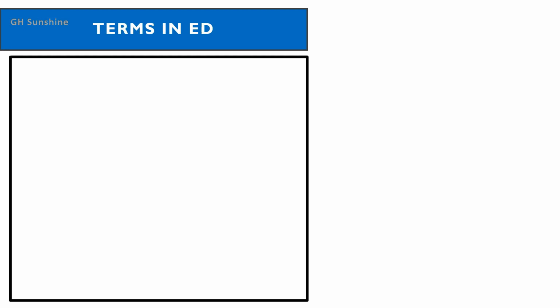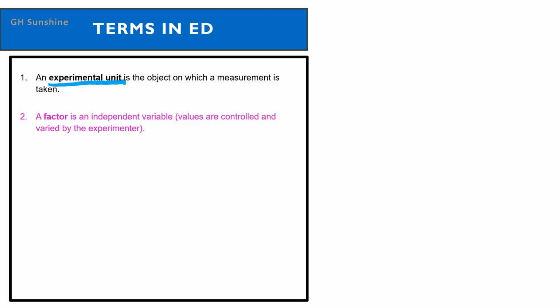Next, let's look at the terms in ED. First, experimental unit is the object on which a measurement is taken. Second, factor. A factor is an independent variable whereby the values are controlled and varied by the experimenter. Third, a block. A block is a source of undesired variation in the dependent variable.